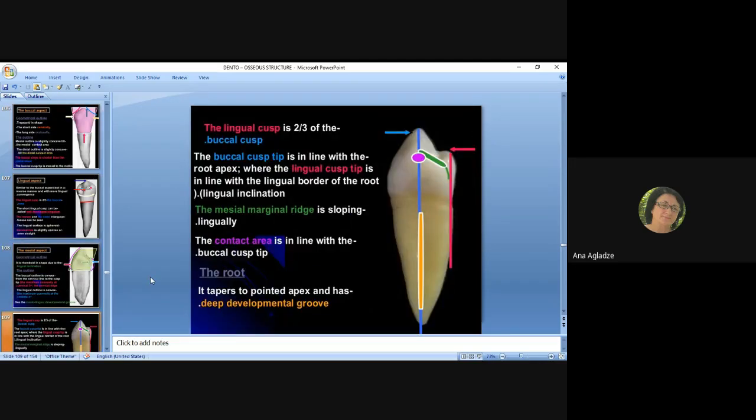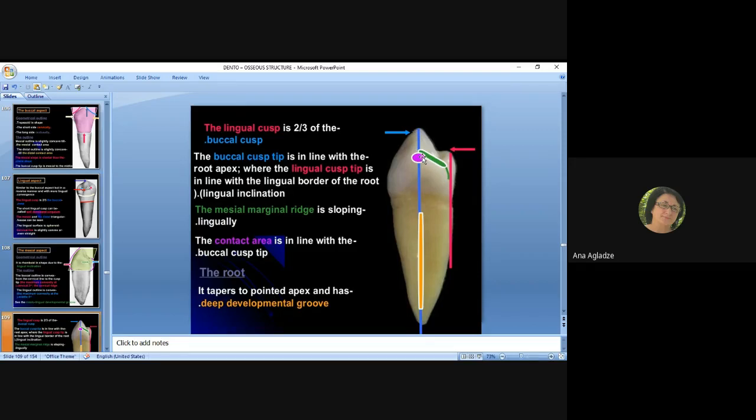Then you can see the lingual cusp and buccal cusp. The lingual cusp is smaller, the buccal cusp is much larger, and the lingual cusp comprises 2/3 of the buccal cusp.